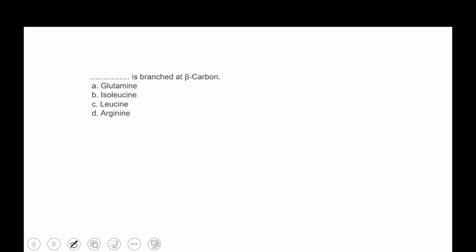Or you can associate it with the chirality also. I just now told that we have this particular carbon which is C alpha, and then it has been asked beta, so it is being asked about the branching. The beta carbon is branched. Out of these four, which amino acid is branched?